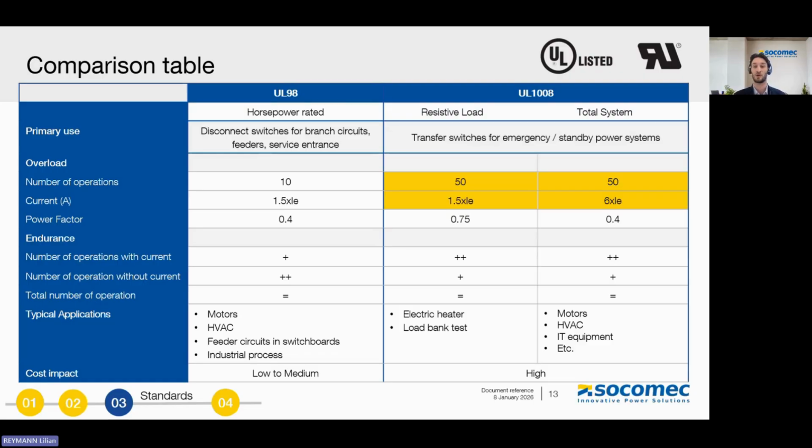And for the total system, it also requires testing switches 50 times, but with a 0.4 power factor at 6 times the operational current, which means if you select, let's say, a 400 amp switch, it will be tested at 2400 amps. Those tests simulate several conditions that can occur with highly inductive loads, like large motors, and ensure the switch can withstand such stress.